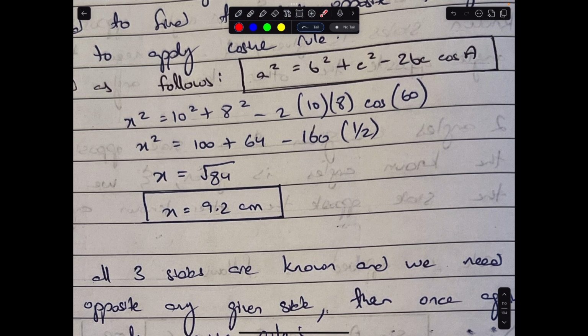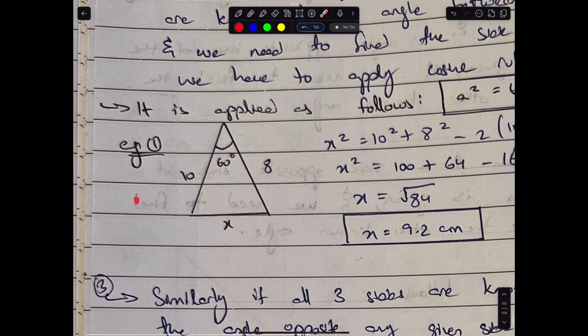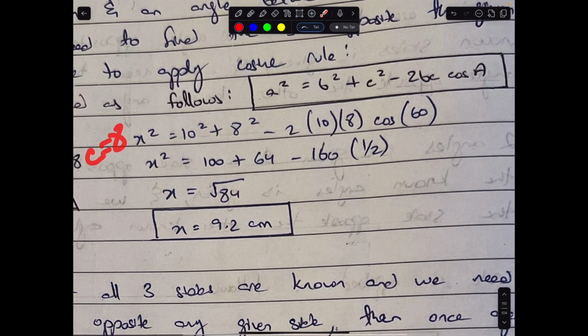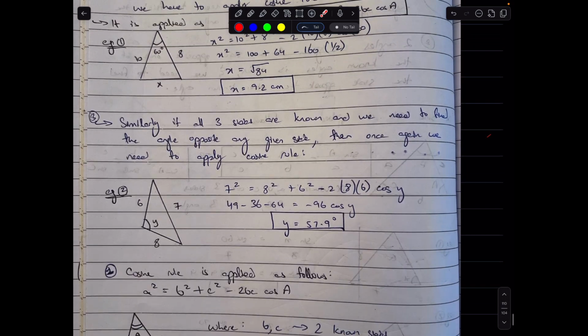So if I assume 10 as b and c is equal to 8, this is what my formula would look like after substituting the values. I'll simplify this. I'll root both sides. A side can never be negative, thus I simply considered the positive answer of the root, that is 9.2 centimeters.